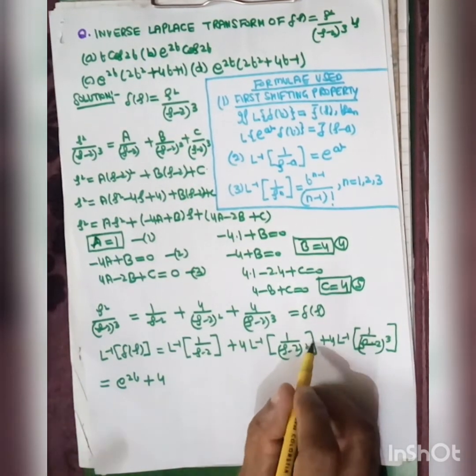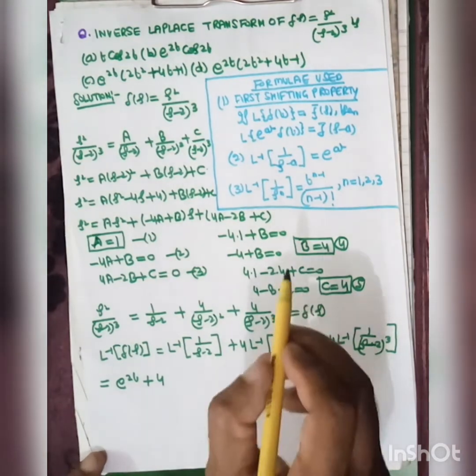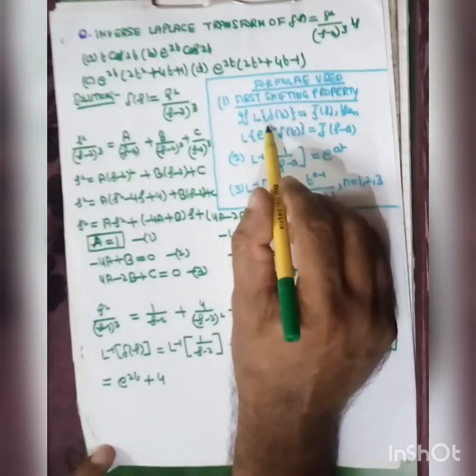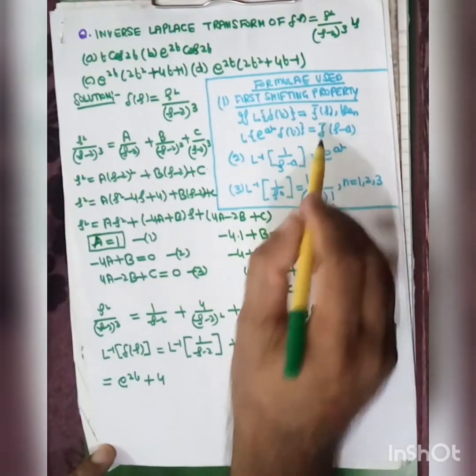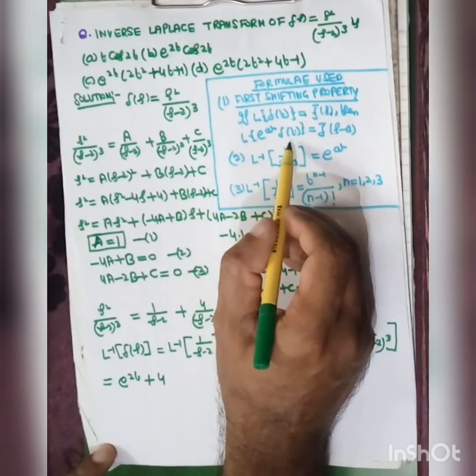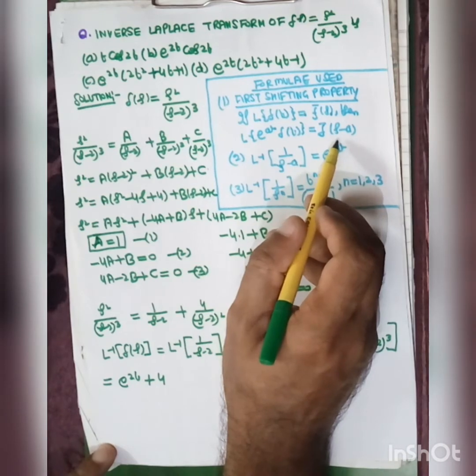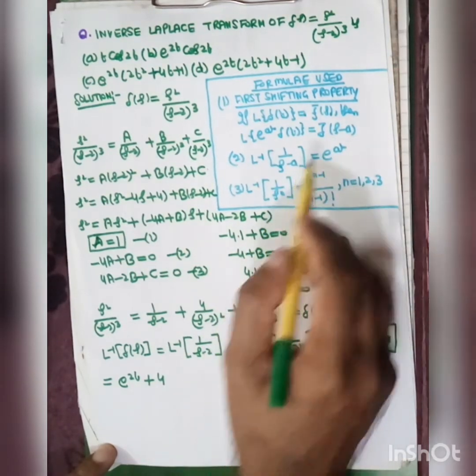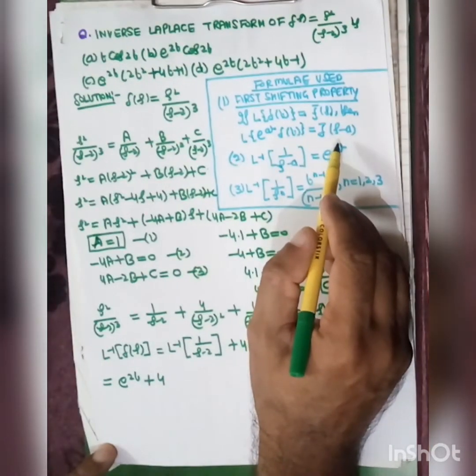So we will use the first shifting property. If inverse Laplace transform of F(s) is equal to f(t), then inverse Laplace transform of F(s minus a) is equal to e to the power at f(t). So we will use this formula.